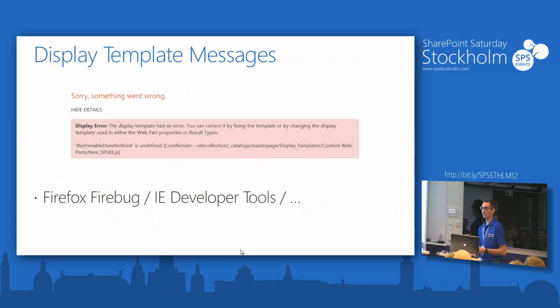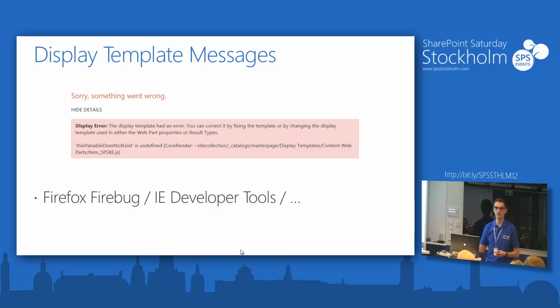Now in display templates, from the moment there is a real problem in your template, you get this kind of message boxes. It's going to show you, hey, that's a problem. Here, for example, I didn't create a variable, so you can see this variable does not exist, is undefined.